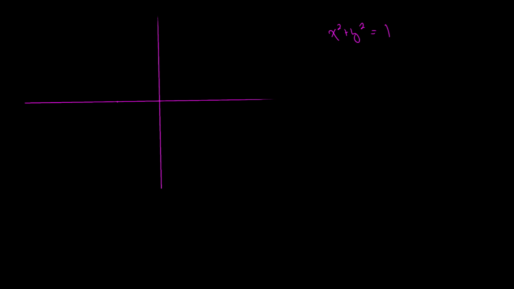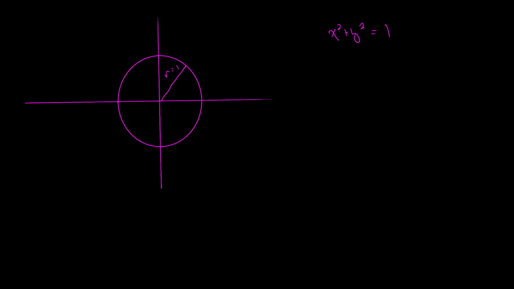I think you can see the shape I'm going to get here. There we go. I get a circle with a radius of 1 about the origin. And so this is x squared plus y squared equals 1.